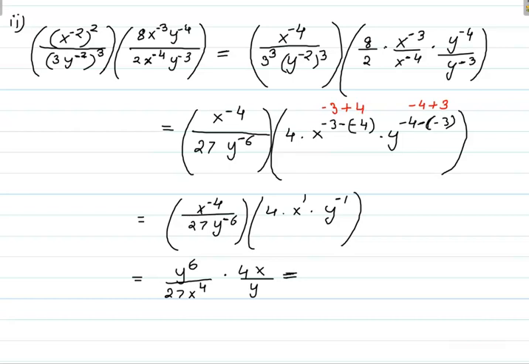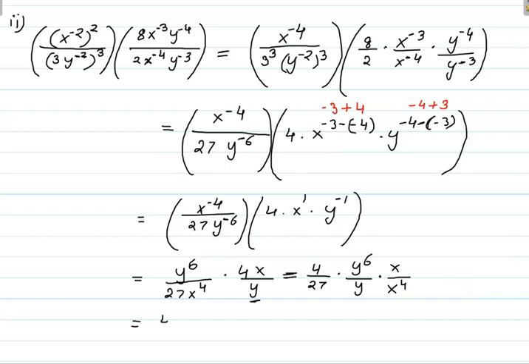And again, it's better to write those terms separately. So let's write 1 over 27 times y to the 6 over y to the 6, times, okay, we could move this 4 outside as well, so it becomes 4 over 27 times, we are left with only x on the top, so it's x over x to the 4.